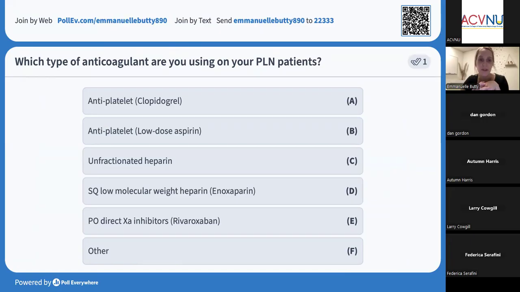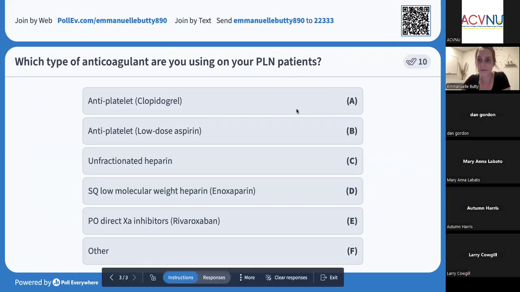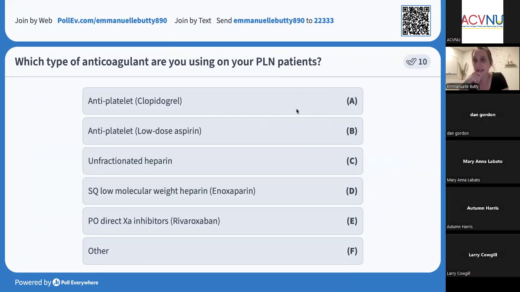Are you using unfractionated heparin or subcu low molecular weight heparin, such as enoxaparin, or an oral anti-Xa like rivaroxaban? Use both, I guess that would be other. Oh yeah, let's select multiple. You can select multiple if you're using multiple, Mary.